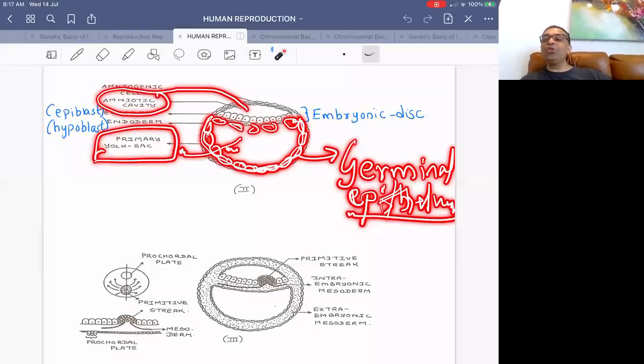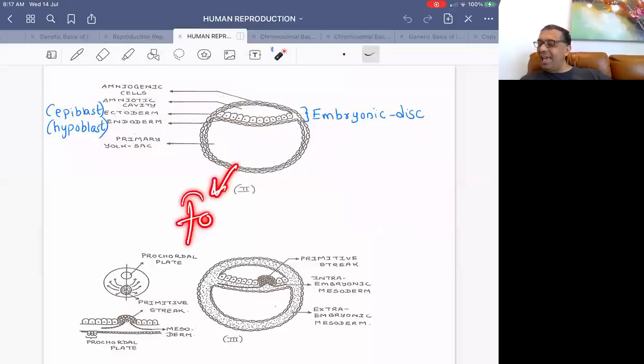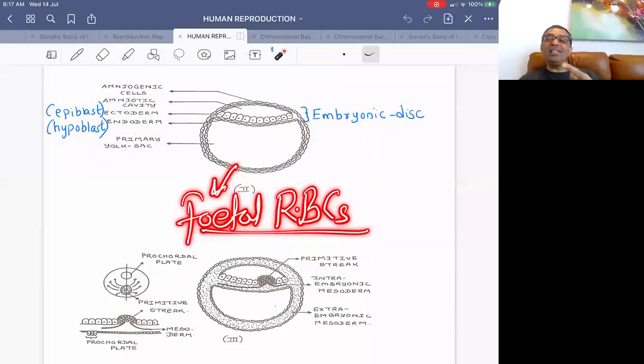And along with the germinal epithelium, which is formed in females, yolk sac cells form fetal RBCs. Fetus के RBCs बनते हैं. Sir, fetus के अंदर bone marrow तो बना ही नहीं है. Bones तो बहुत time के बाद बनेंगे. But you require red blood cells for transporting oxygen from the mother into the fetus, and this oxygen is required by the fetus.